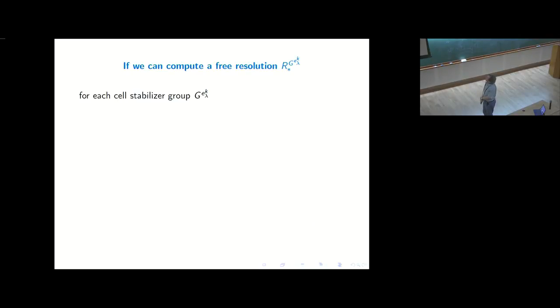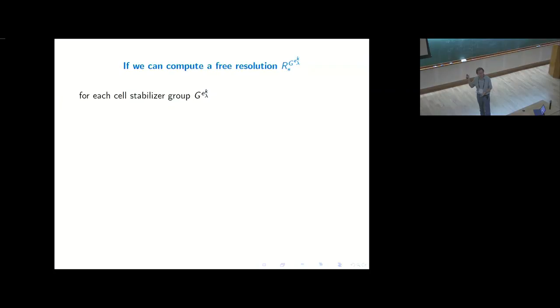So if we can compute a free resolution, let's just suppose then that for one of these, so EK lambda is one of my k-dimensional cells in this polytope, and G EK lambda is the stabilizer group in G for that cell. And let's just imagine that from somewhere we could calculate a cell stabilizer.